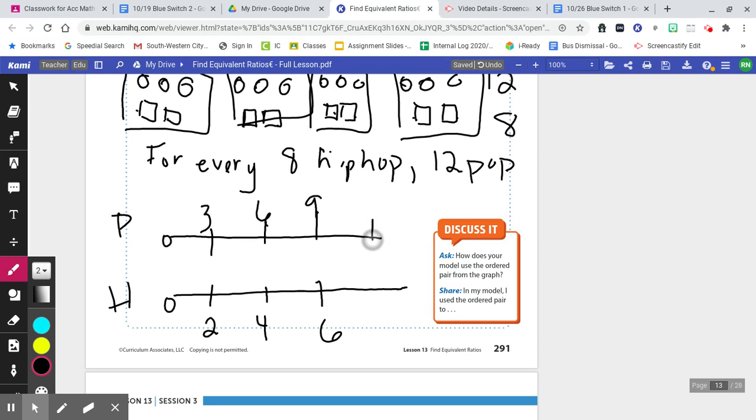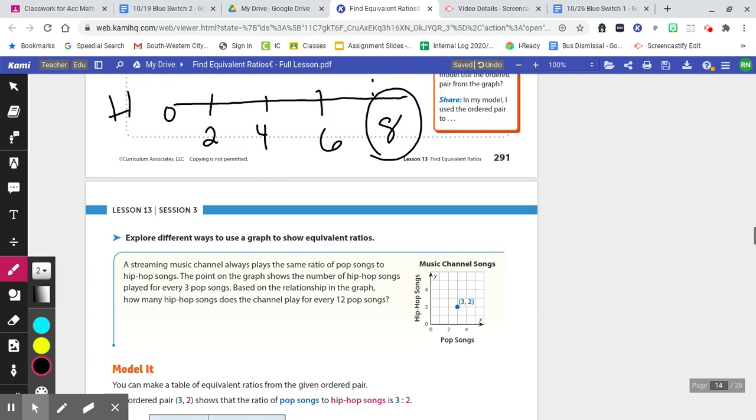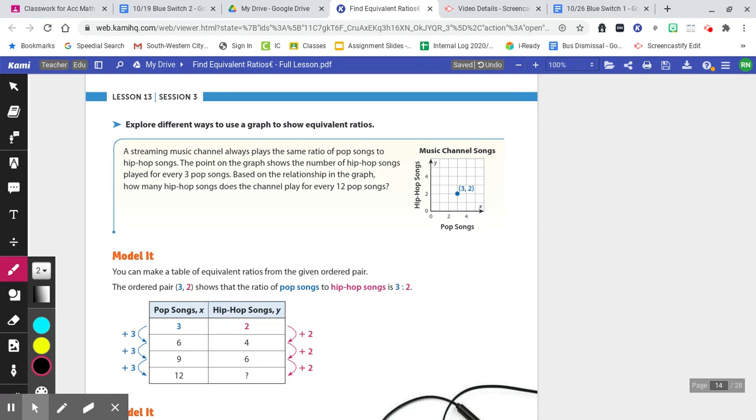And therefore 12 would be 8. For every 12 pop songs they play, 8 hip hop songs. So you can see how that's represented in both a graph, the model, the picture, and in the double number line.